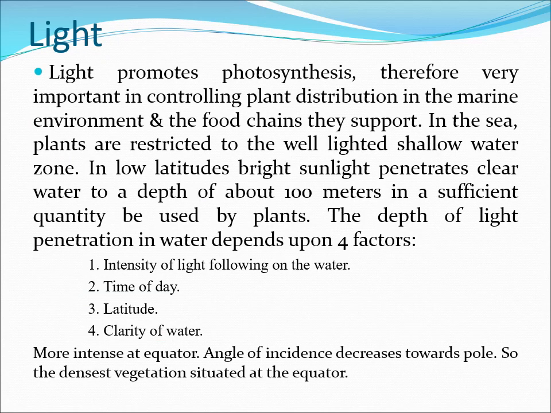The next important property is light. Light promotes photosynthesis and is therefore very important in controlling plant distribution, because as we already know, for photosynthesis by the autotrophs, sunlight is an essential component. In the marine environment, the food chains are mainly supported by the plants, and for them light is an important component.